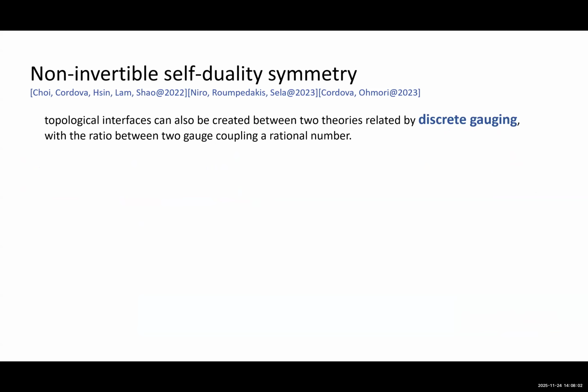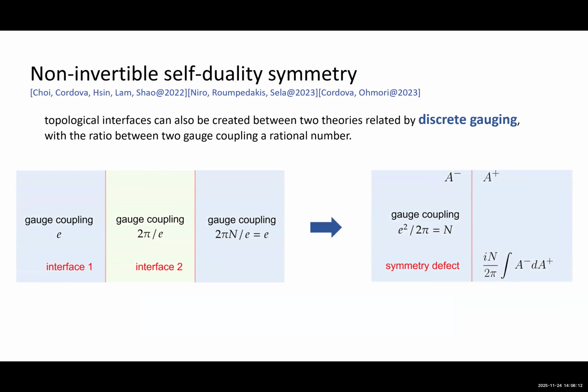Now, more recently, people realized that this is not the only way that you can construct topological interfaces between gauge theories with different gauge coupling. Another way is by this trick of discrete gauging, such that you can construct a topological interface between two theories whose gauge couplings differ by a ratio of a rational number.